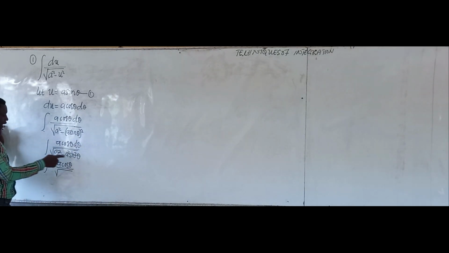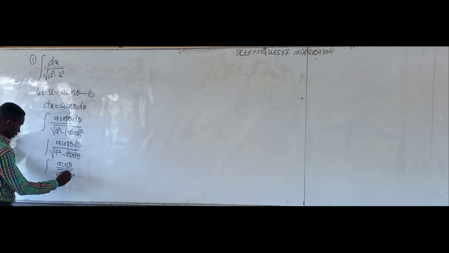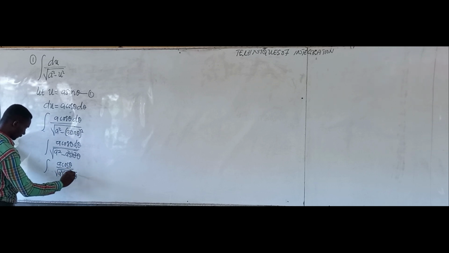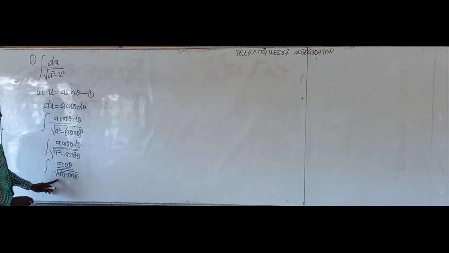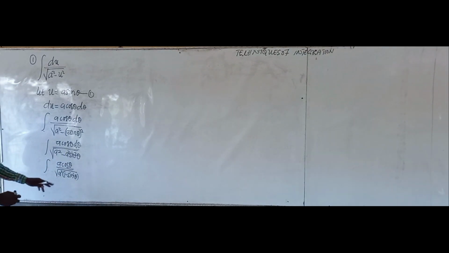Now, I can factorize a squared out, so it should be a squared into bracket 1 minus sine squared theta. This one is square root of a squared times square root of 1 minus sine squared theta, and square root of a squared gives a.